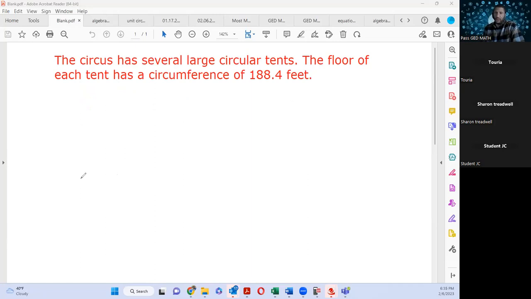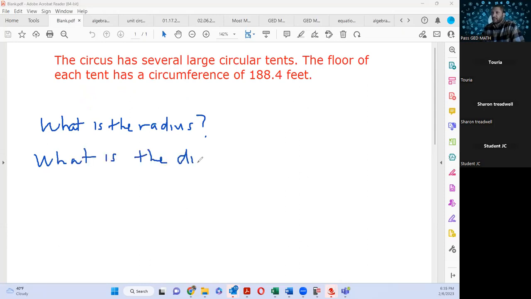And what is the radius? What is the diameter? What is the area? What is the area of the floor?